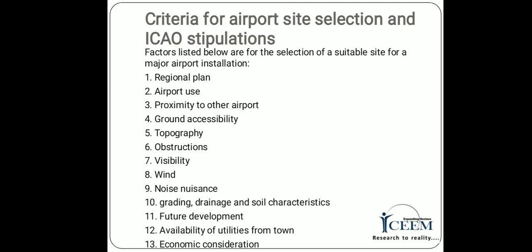Next one is grading, drainage, and soil characteristics. Grading and drainage play an important role in the construction and maintenance of an airport, which in turn influence the site selection.